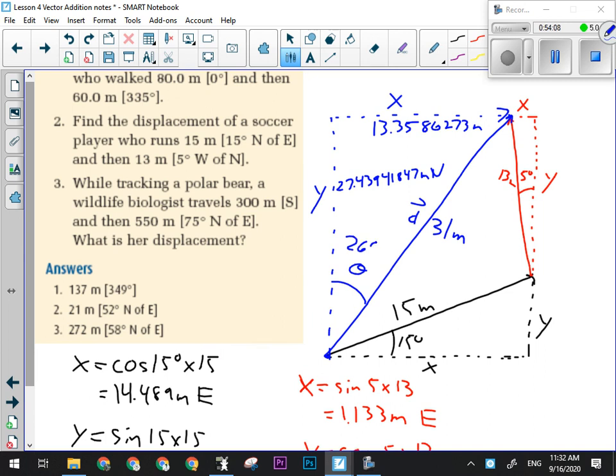Which direction is that 26 degrees? It's touching north, and it's going east. This is 26 degrees east of north. If you got the complementary angle, then you got 64 degrees north of east, and that's fine as well.